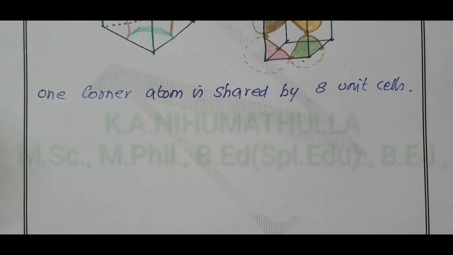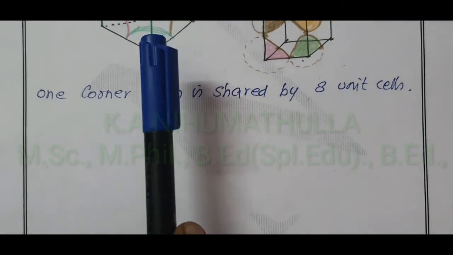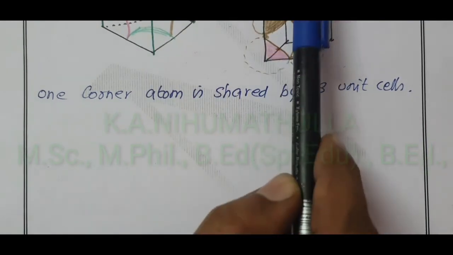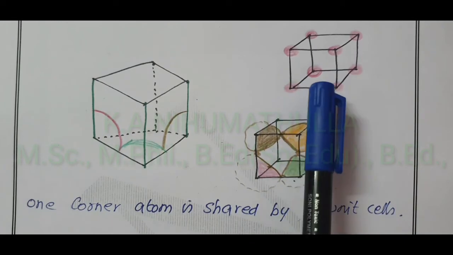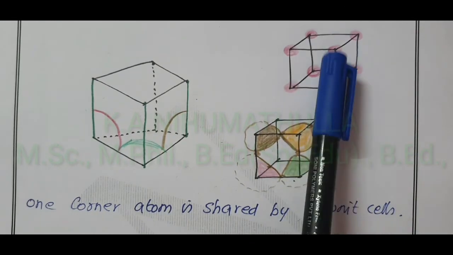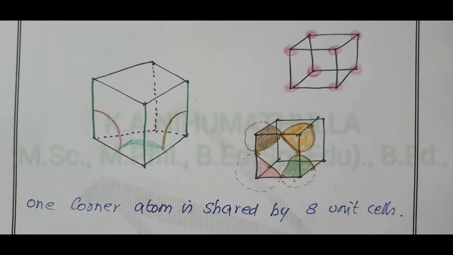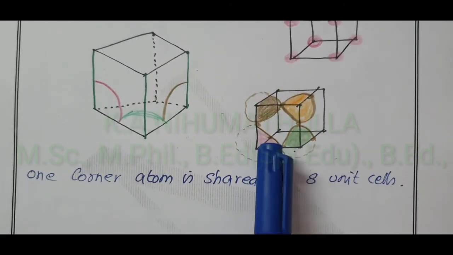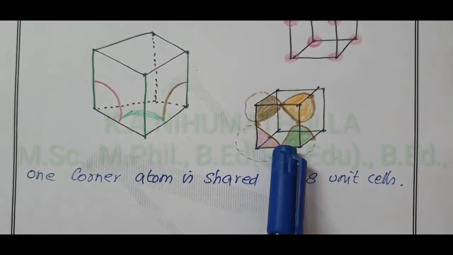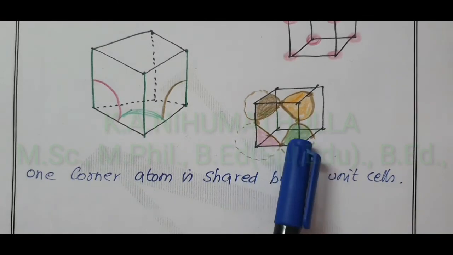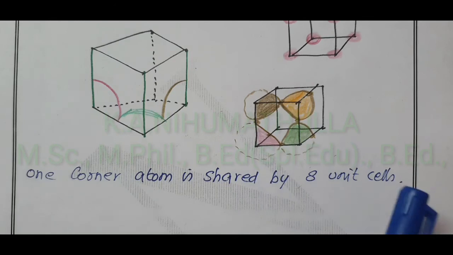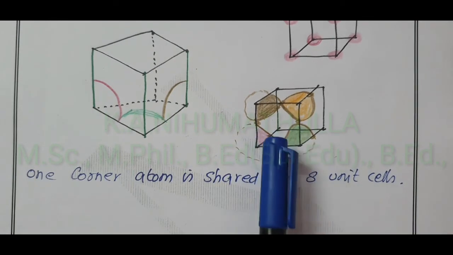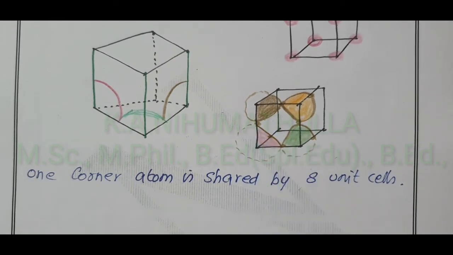In the simple cubic unit cell, each corner is occupied by identical atoms, ions or molecules, and they touch along the edges of the cube. They do not touch diagonally. The coordination number of each atom is 6.